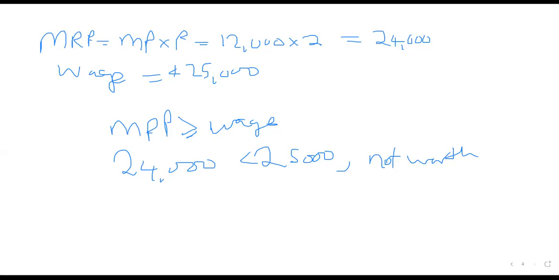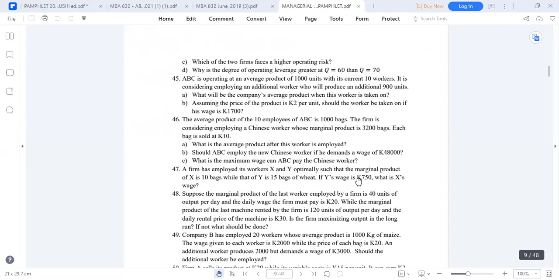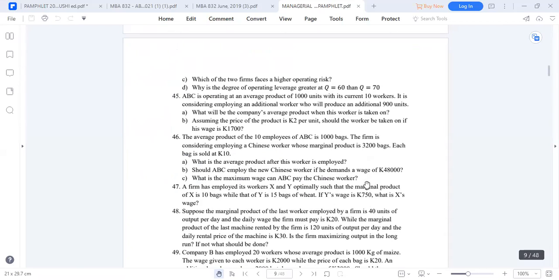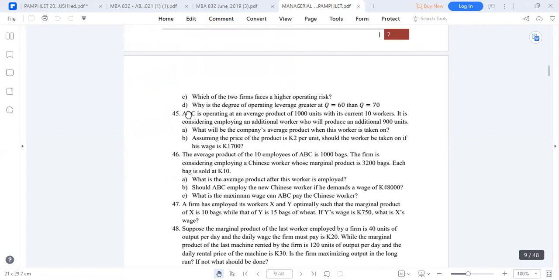So let's look at question number 45. In question number 45, what are we told?